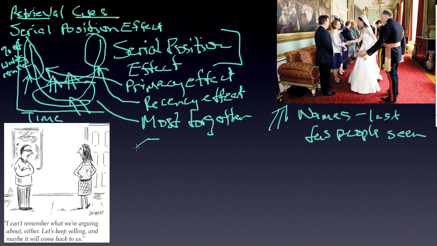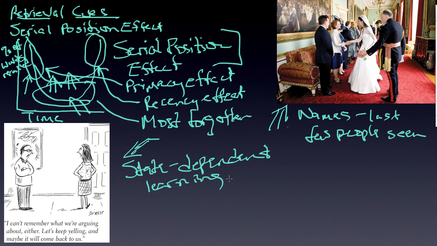Now, just to review real quickly, this little cartoon is essentially the idea of state-dependent learning, which I mentioned earlier. State-dependent learning basically says that if we can recreate a situation, my likelihood of remembering is far greater.